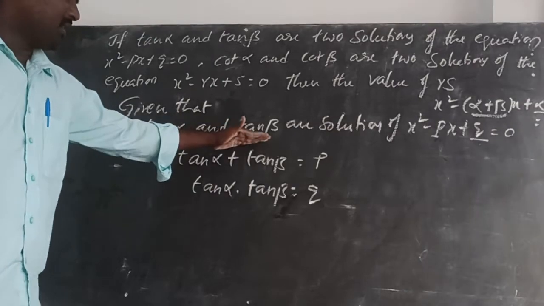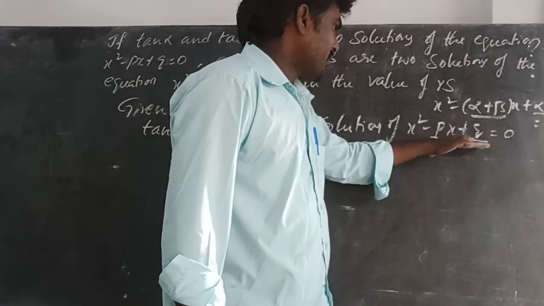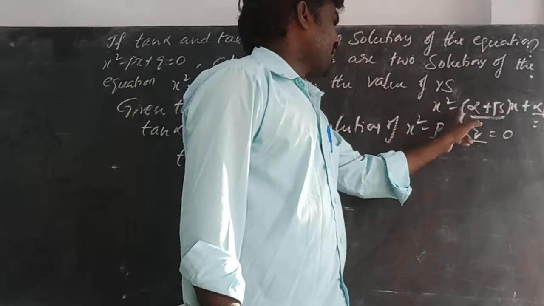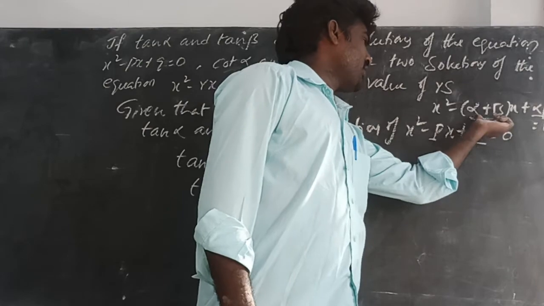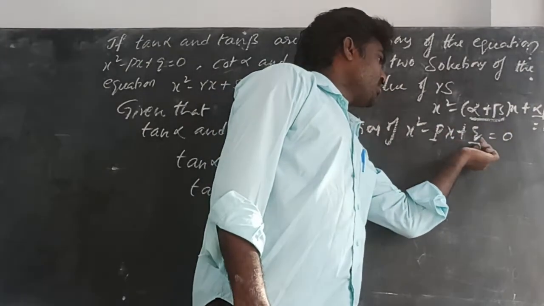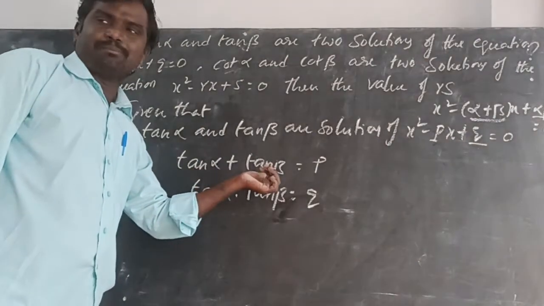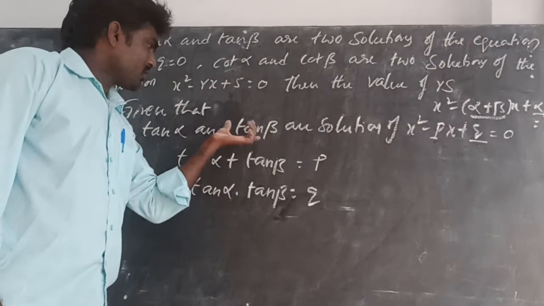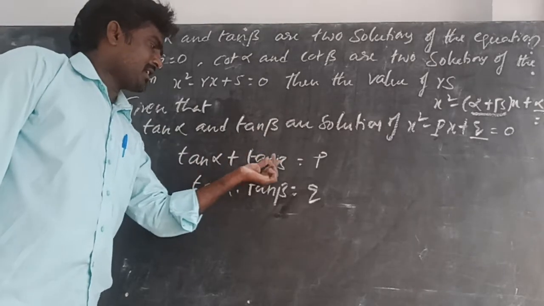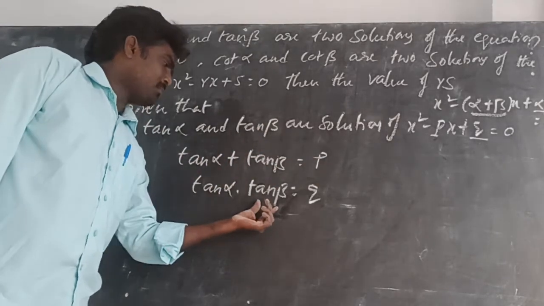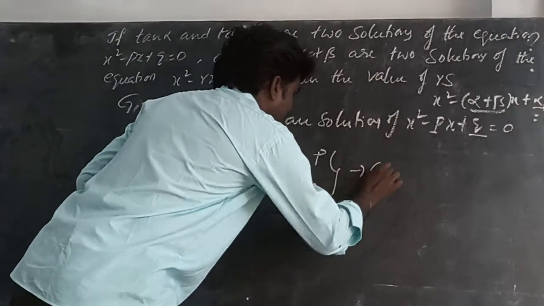The sum of the zeros is equal to p, and the product of the zeros is equal to q. So tan alpha plus tan beta is equal to p, and tan alpha into tan beta is equal to q. So it is equation 1.